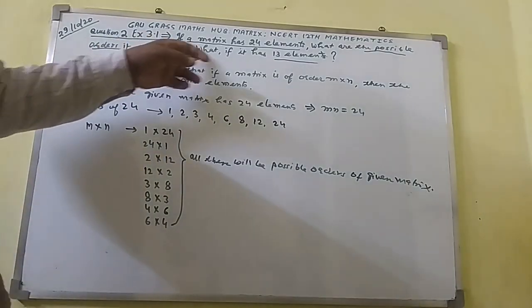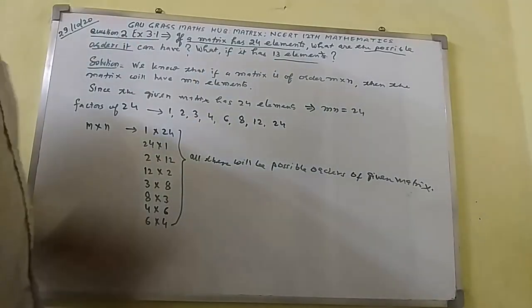Now further it says, what if it has 13 elements?